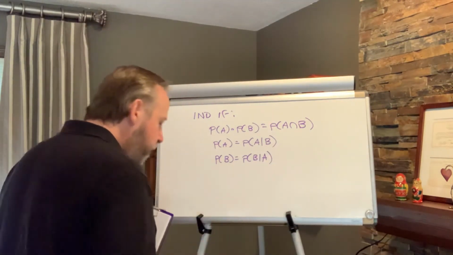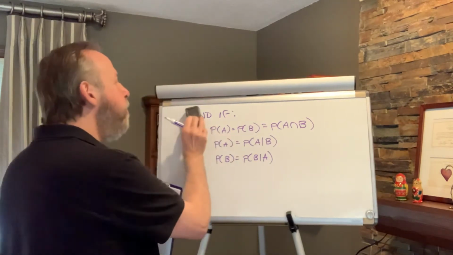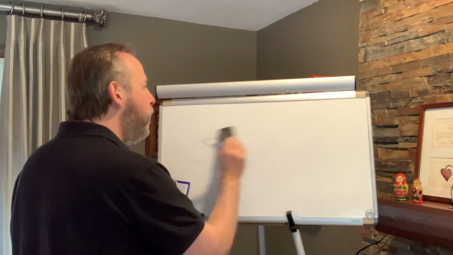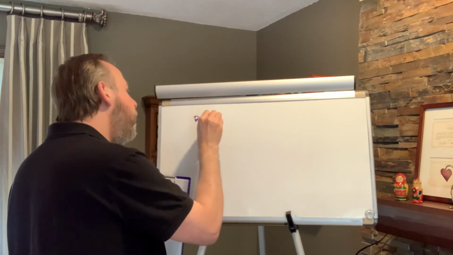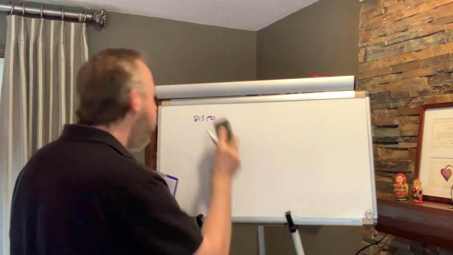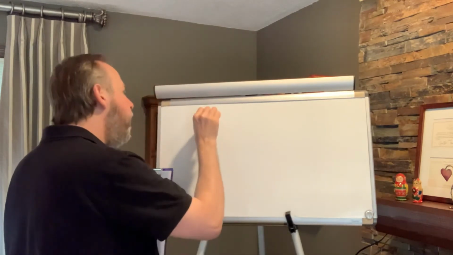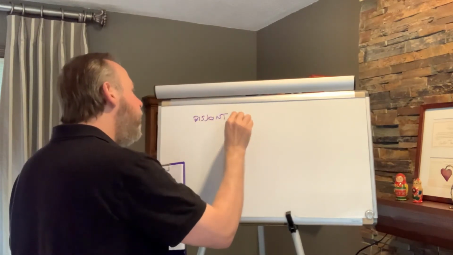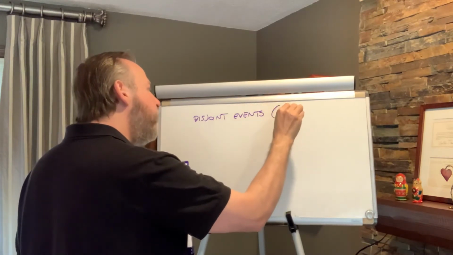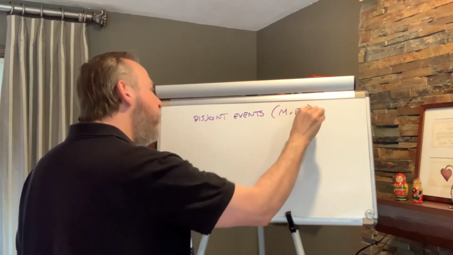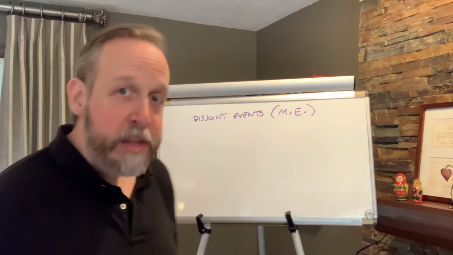What does it mean to be mutually exclusive? We also had a word called disjoint. So disjoint events, can't spell today, let's try that again. Disjoint events, we also call it mutually exclusive. I'll abbreviate that ME. What happens with mutually exclusive events?